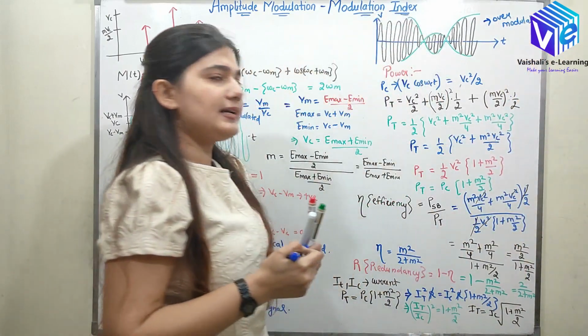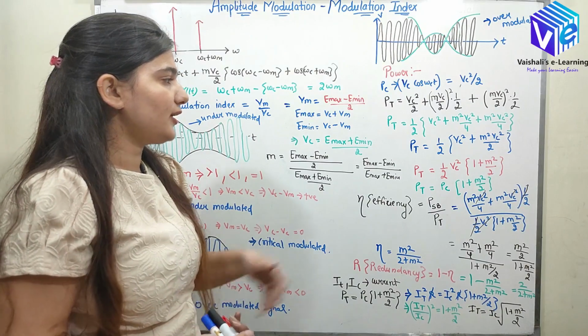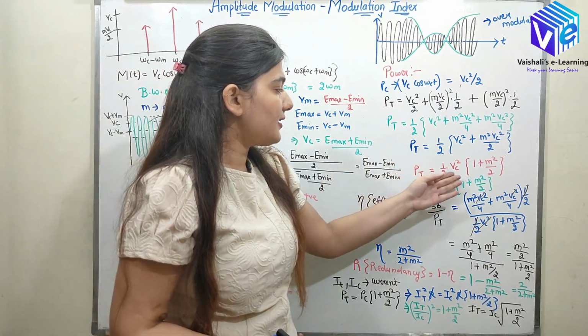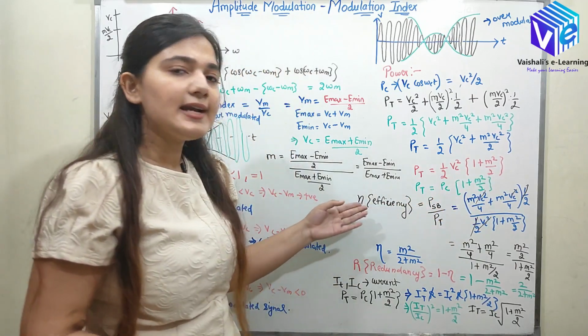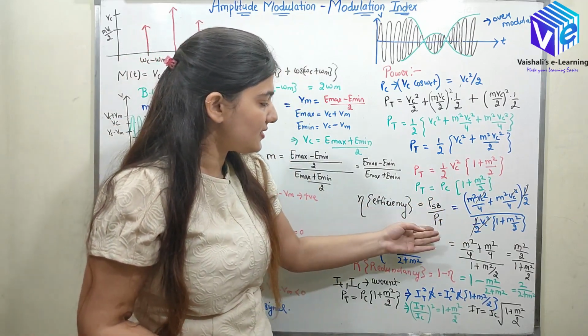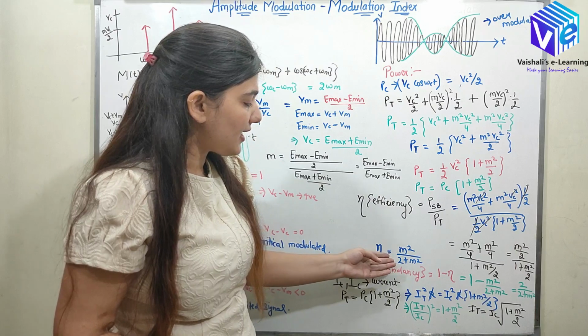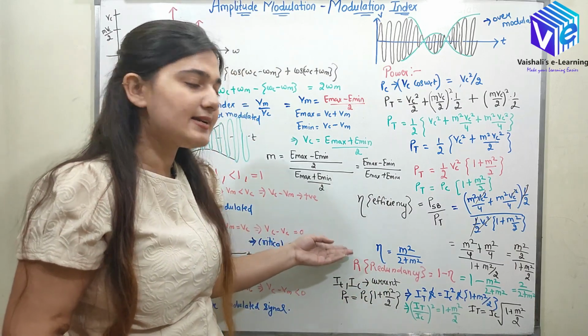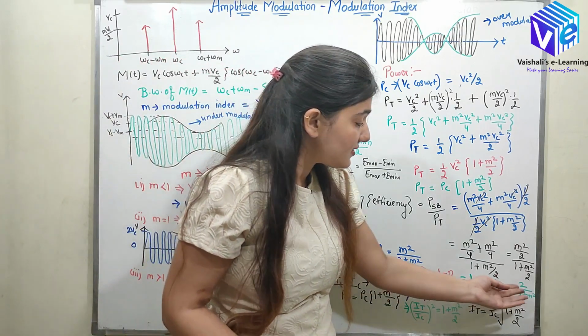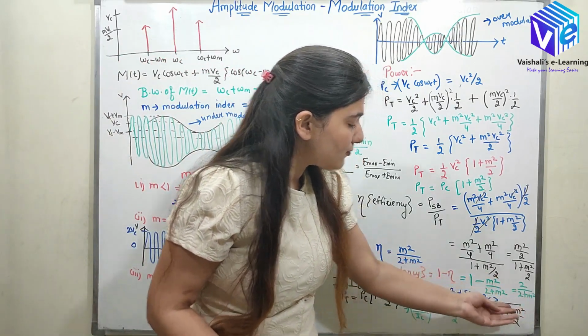And after that I discussed the power. So the total power is related to the carrier power with respect to this formula. After that I discussed the efficiency, and the efficiency formula came out to be m square upon 2 plus m square. After that I discussed redundancy, which was 1 minus efficiency. So it was equal to 2 upon 2 plus m square.